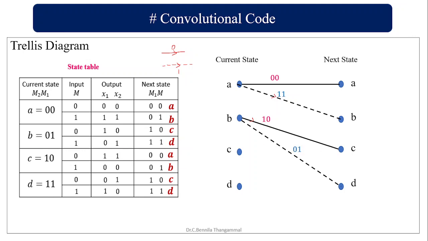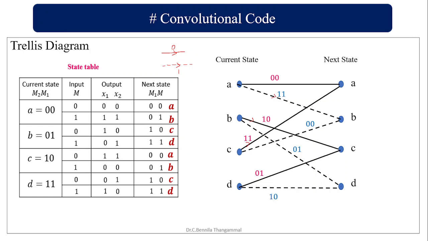Similarly, when your input is 0, your C goes to A, and your output is going to be 1 1. Then from your C it goes to B if your input is 1. Your output is 0 0. And from D it goes to C if your input is 0, your output is 0 1. And for 1 it goes to D, with your output going to be 1 0.